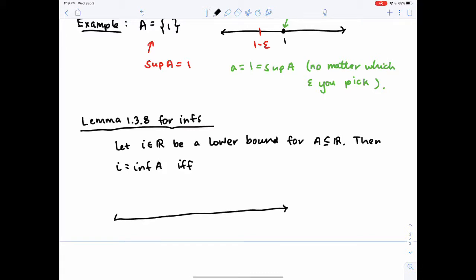You could draw yourself a picture to help figure it out. You've got I, and this is supposed to be the greatest lower bound, so that means that A is supposed to live here to the right and I is directly on the edge.